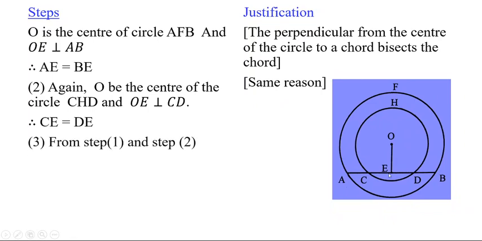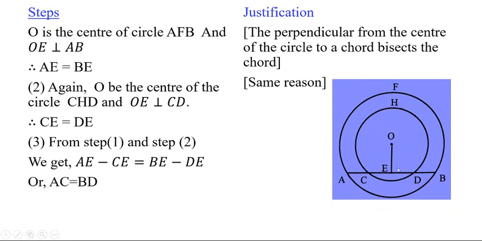From step 1 and step 2, we write AE minus CE equals BE minus DE. That is AE minus CE means AC and BE minus DE means BD, so that AC and BD are equal. It is our required proof.